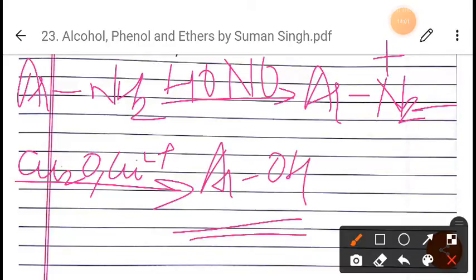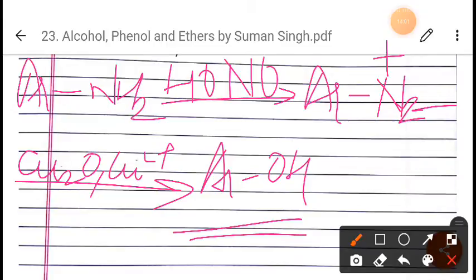So in this way we prepare from diazonium salt. When we talk about the rate, the rate will depend on the electron withdrawing group. One more example I will give you, that will make you more clear about this.